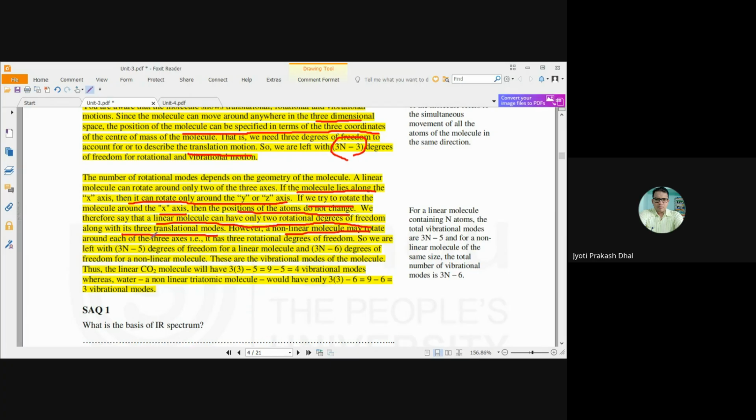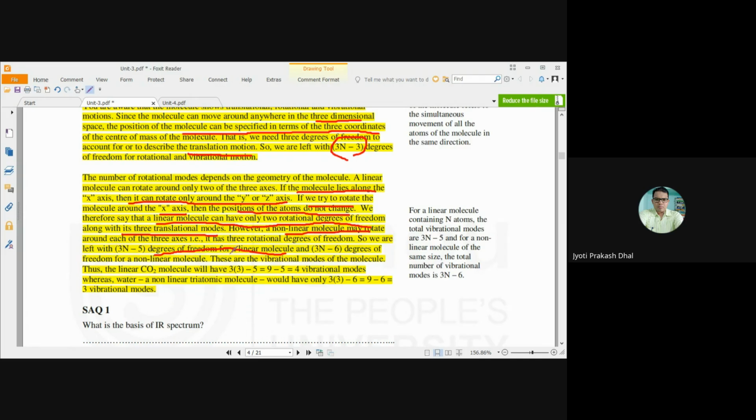If the molecule is linear, the number of vibrational degrees of freedom equals 3n minus 3 minus 2, that is 3n minus 5.